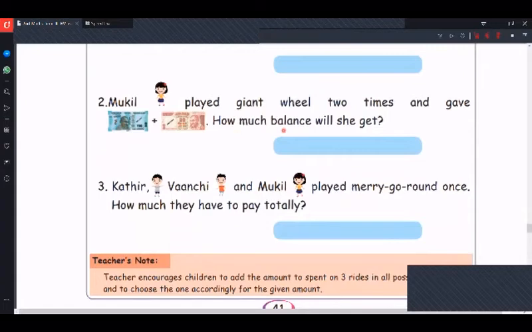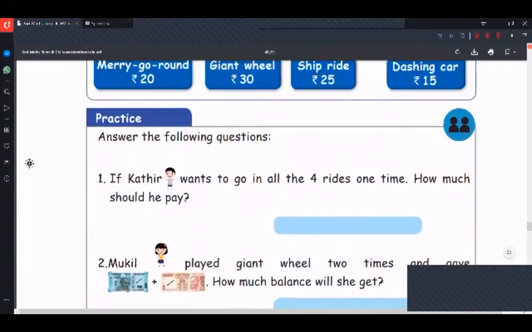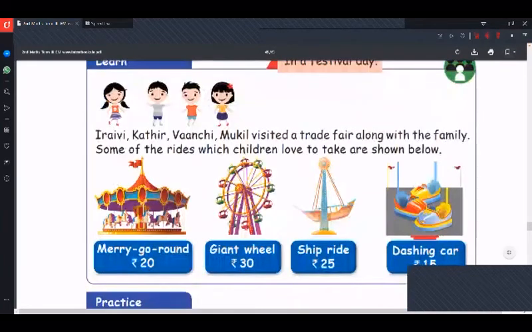How much balance will she get? Okay. Mugil played giant wheel 2 times. How much does the giant wheel cost for 1 time? Go up and see how much it costs. Rupees 30 for 1 time, isn't it?